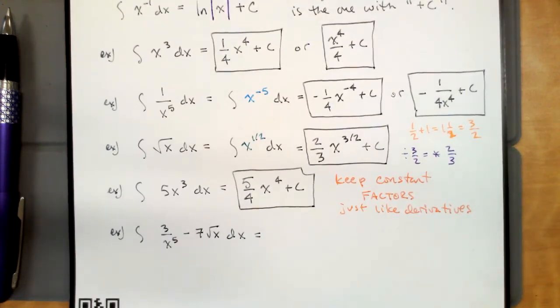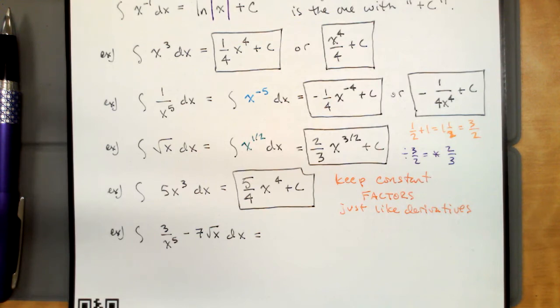In the previous one, we discovered that we can keep constant factors just like with derivatives. In this integral, I have two terms: 3x to the negative 5 minus 7x to the 1/2 power. If you're thinking, why don't we just do this a term at a time, your instincts are correct.